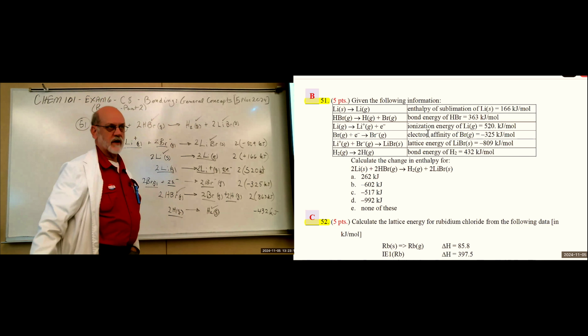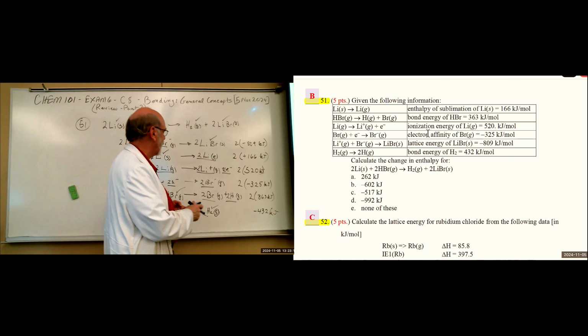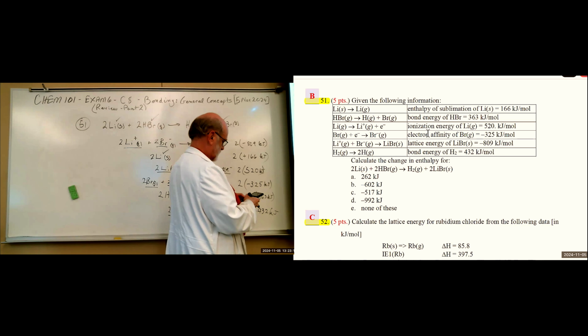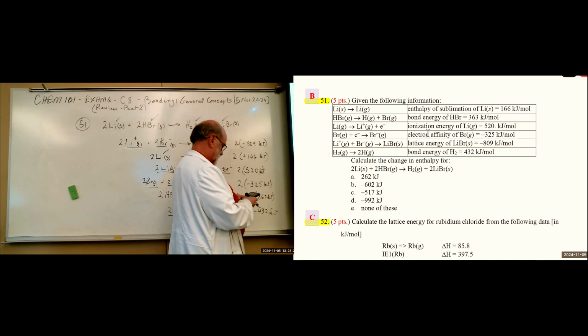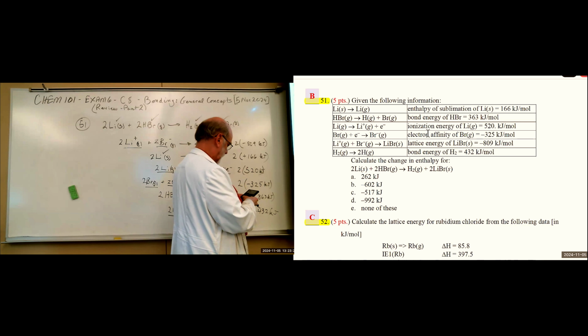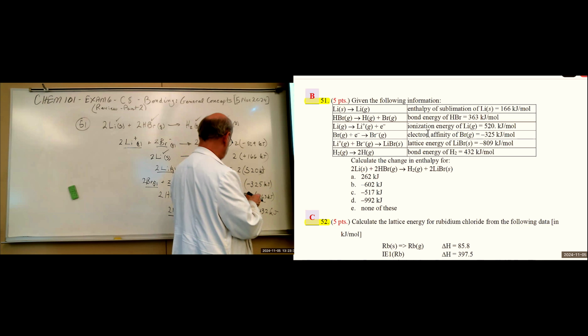So now we just have to add those up, unless I made a huge mistake somewhere. So 809, change the sign, times 2. And 166, 2 times that one, add that in there. 520, which is 1040, isn't it? 1040 plus.